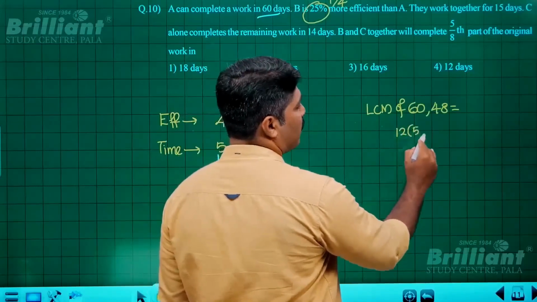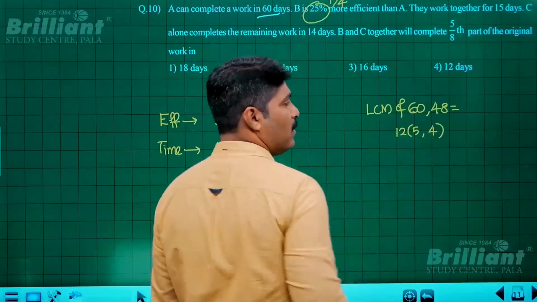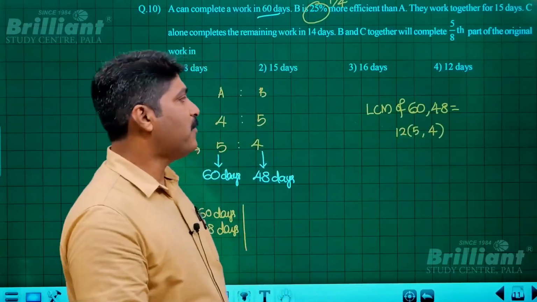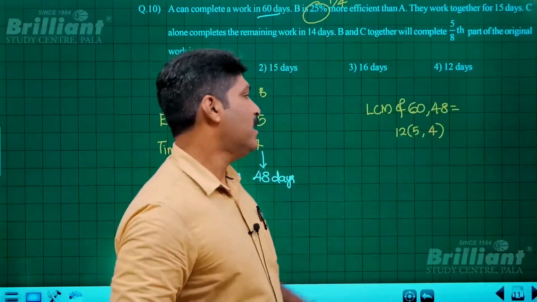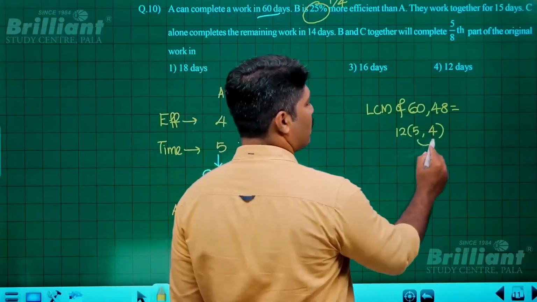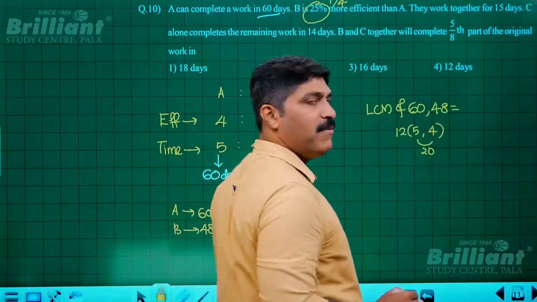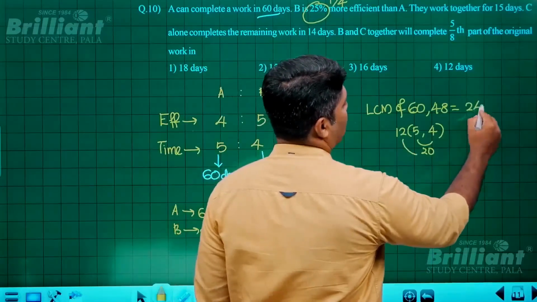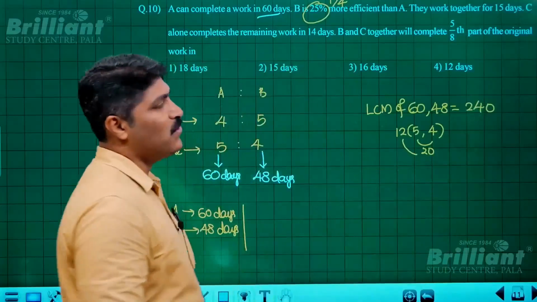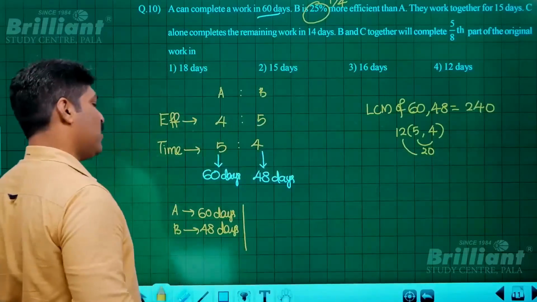This is 12 into 5, and this is 12 into 4. Whenever we have values like this, you just multiply the inner values, that is 5 into 4, 20, because they don't have any common factors. 20 into 12 is 240. So this is a quick way to find the LCM of such numbers.